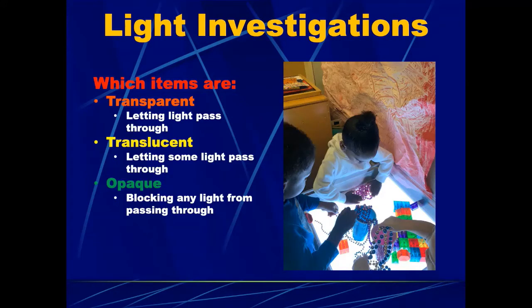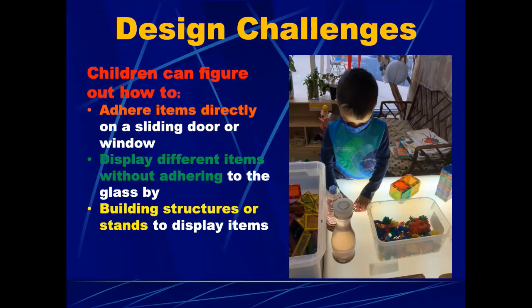For example, as preschoolers investigate how light interacts with different materials, they can readily observe which materials are transparent, letting light pass through, translucent, letting some light pass through, or opaque, blocking any light from passing through.